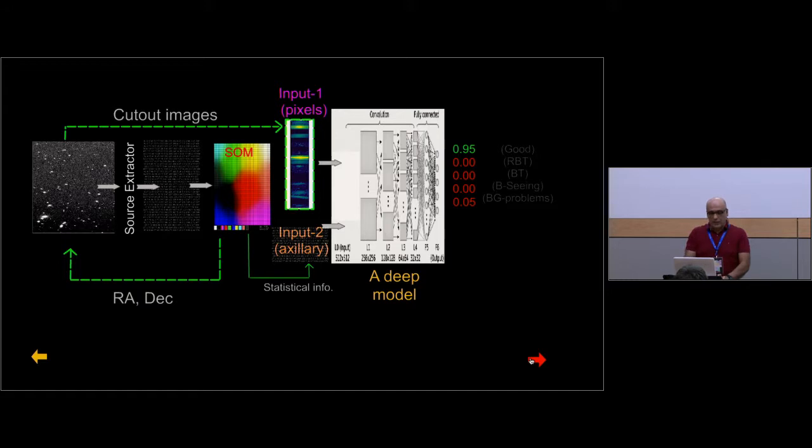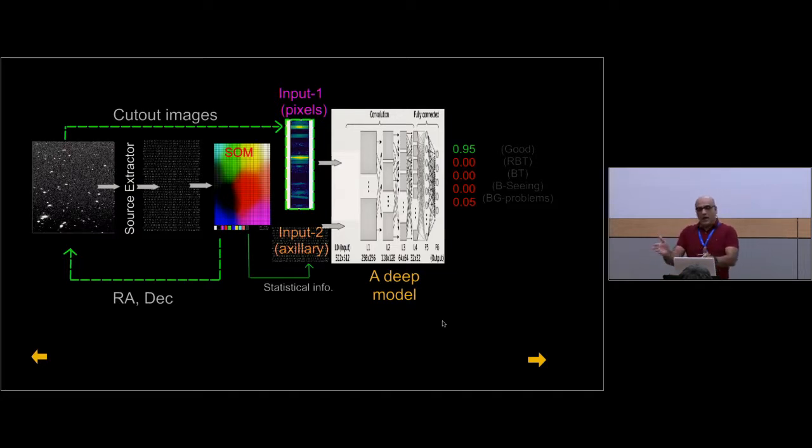For 20 clusters, for example, we send data from Source Extractor to the SOM. We have a distribution of data on the SOM. We have feedback from the SOM to the image, and we can cut out the image and send it as the first input. We have input from the self-organizing map as statistical information, and this is our input data.